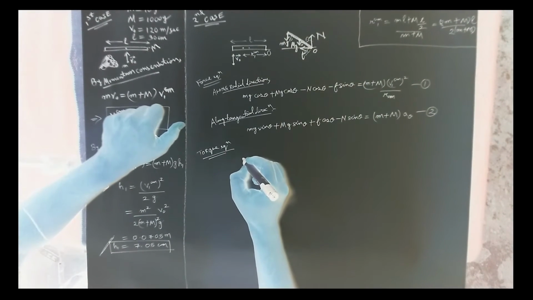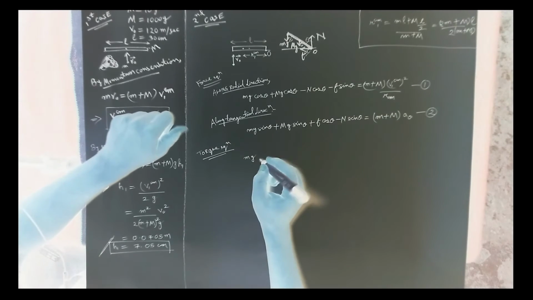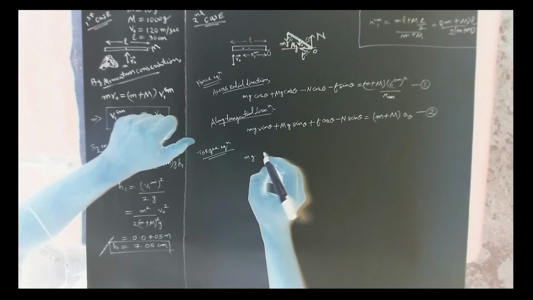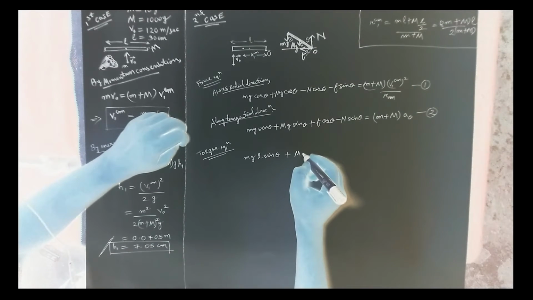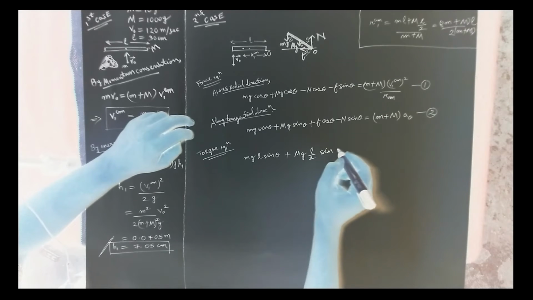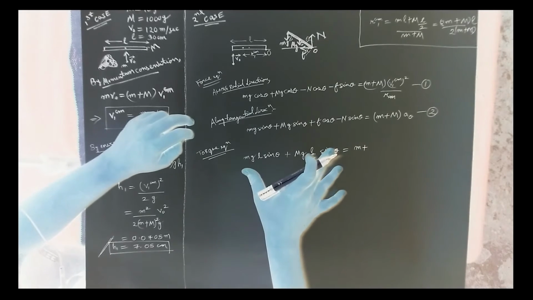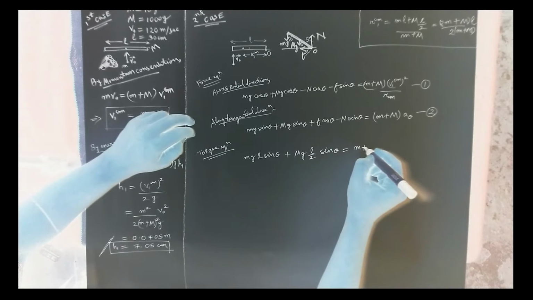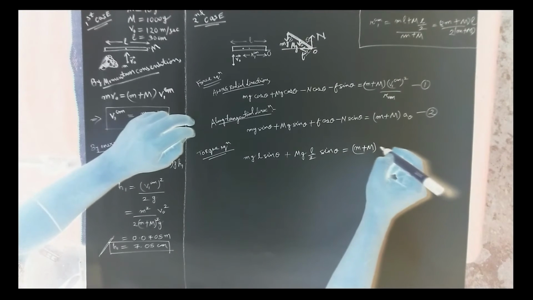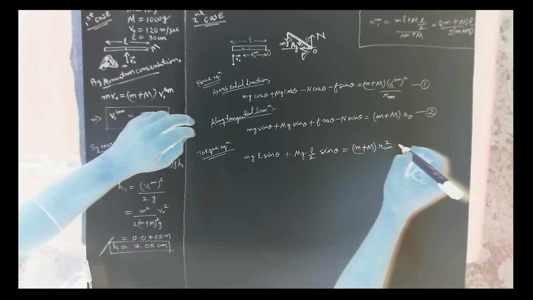mg L sin theta plus mg L by 2 sin theta is equal to the net torque acting on the system, which is equal to (m plus m) RCM square, that is I, times alpha, the angular acceleration.